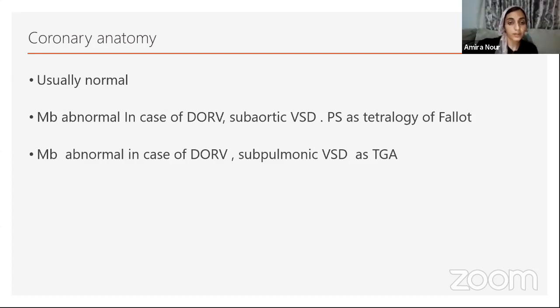Another important surgical implication is the distance between the tricuspid valve and the pulmonary valve.